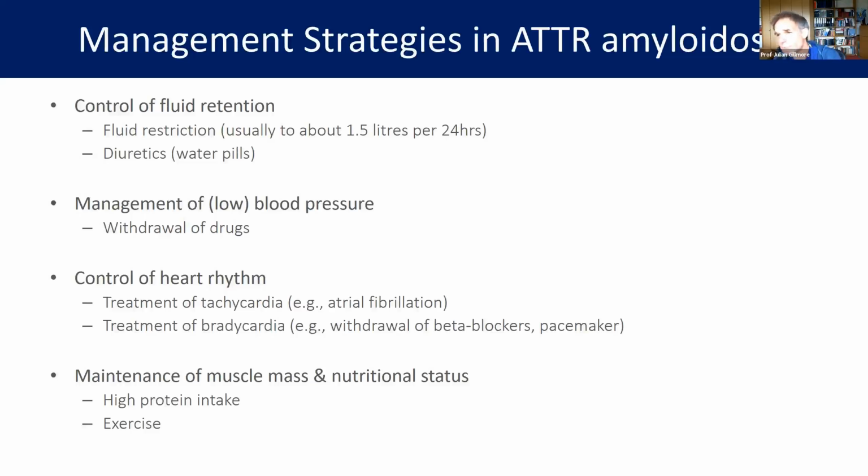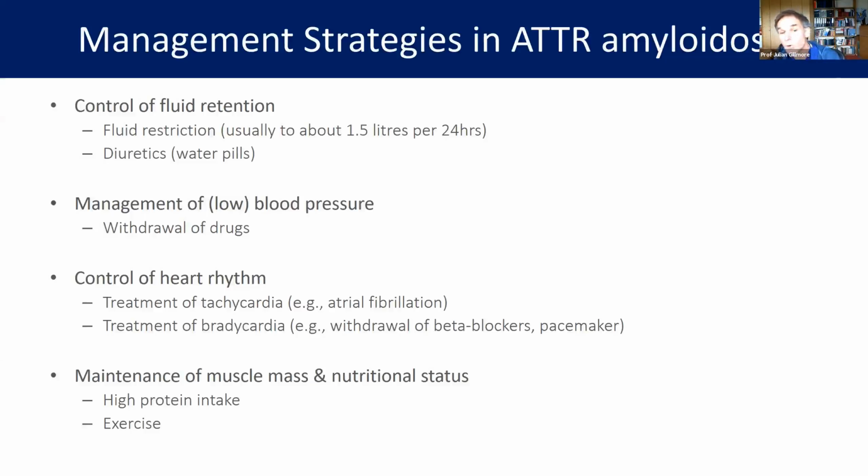They can make low blood pressure worse. So quite often at the Amyloidosis Center, we are actually reducing some of the tablets that are given as a matter of course by many cardiologists for heart failure, but haven't been directly shown to benefit patients with cardiac ATTR amyloidosis and sometimes worsen symptoms through the lowering of blood pressure.